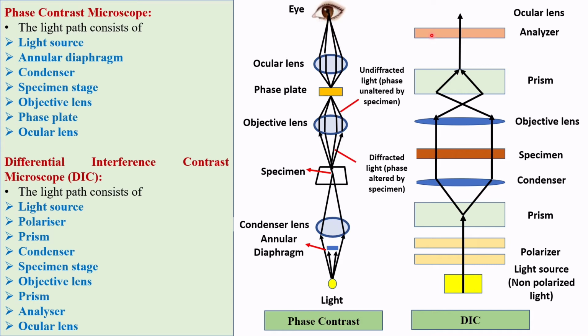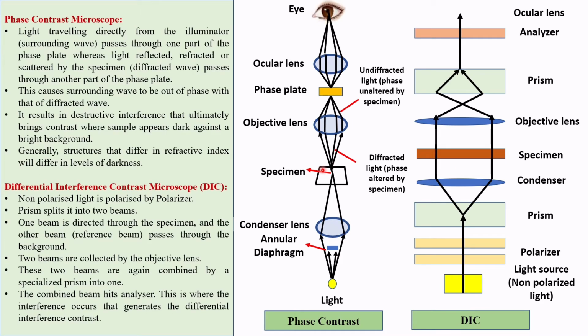Now in DIC, the light path consists of light source, polarizer, prism, condenser lens, specimen stage, objective lens, prism, analyzer and ocular lens. So, now you can understand that in DIC, polarizer and prism are two components added extra compared to phase contrast. Right?